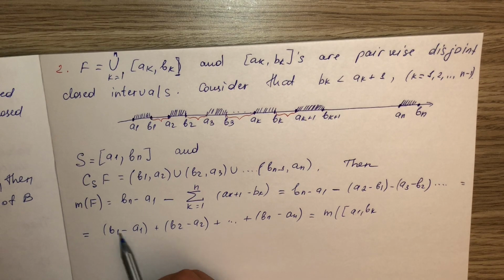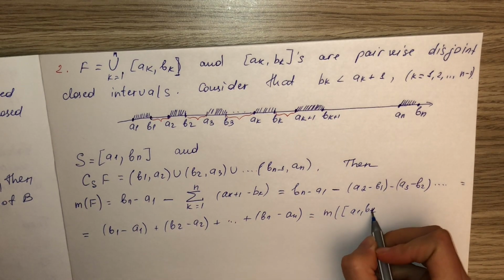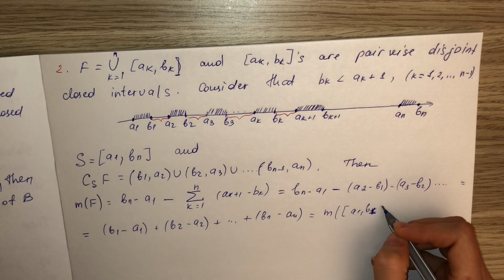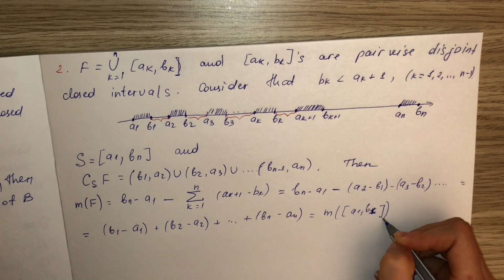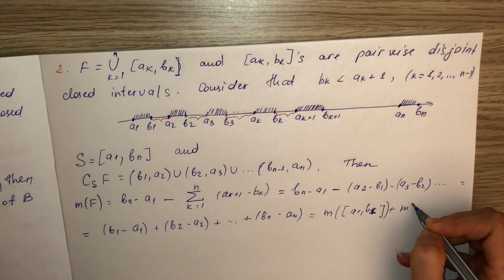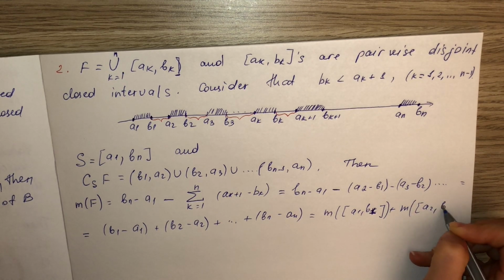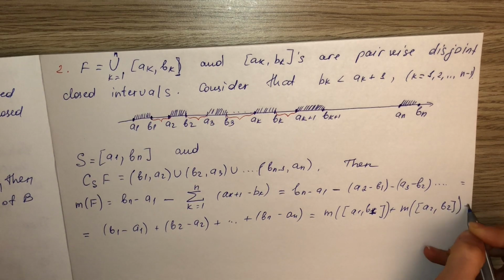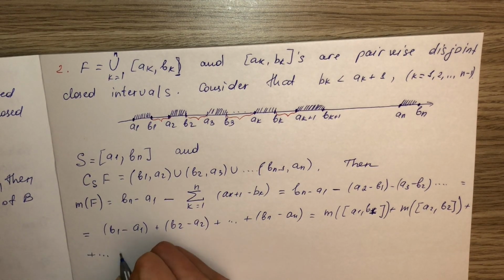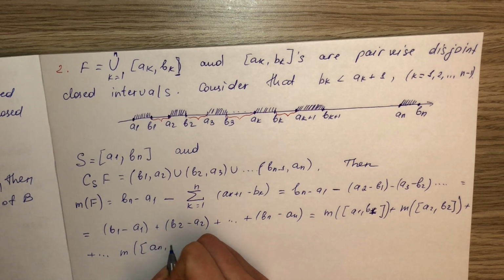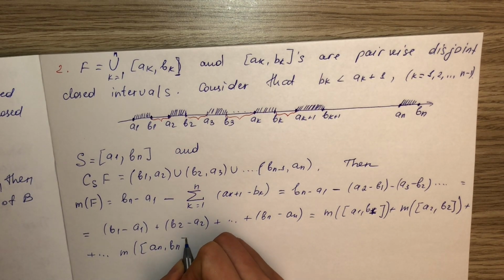Okay, this is the measure of [a1, b1] plus the measure of [a2, b2] plus, it keeps going, the measure of [an, bn].